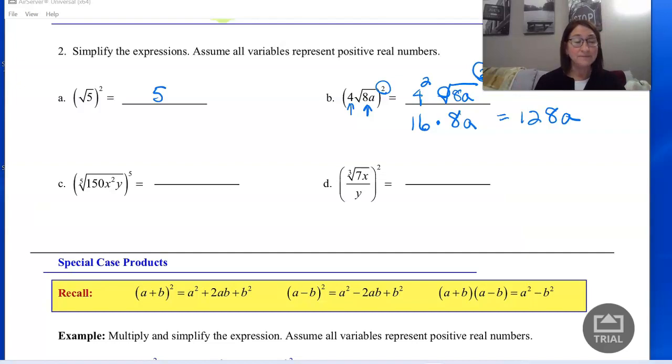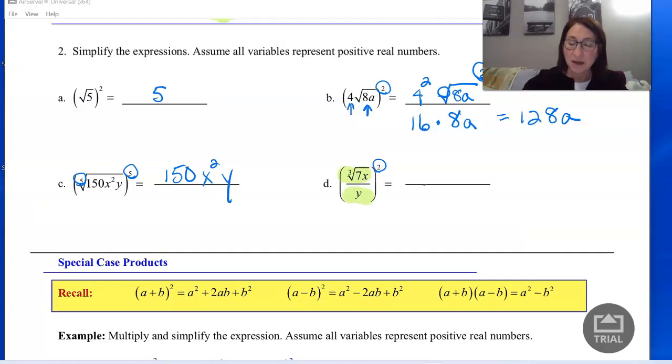Let's look at C. Because the exponent and the index are the same, when I simplify this, it's equal to that radicand, which is 150 x squared y. For D, I'm going to raise both the numerator and the denominator to the power of 2.